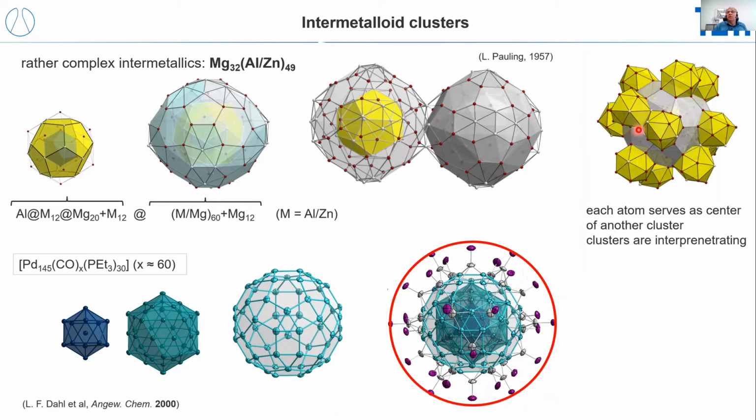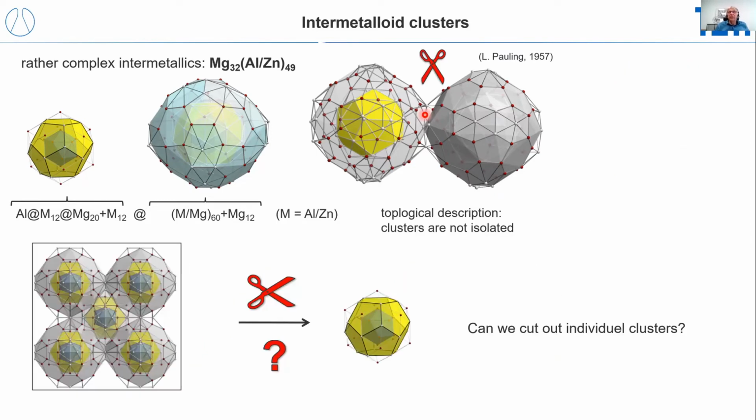This is typical for an intermetallic compound. In contrast, we have such shell-type structures in molecular clusters, and then they are closed up by a ligand shell. And the question is, can we maybe use these intermetallic compounds and find a kind of scissor to cut out those clusters? Can we divide individual clusters?